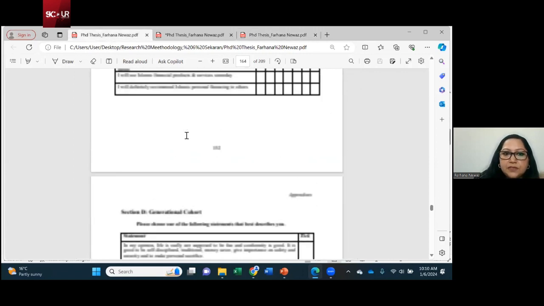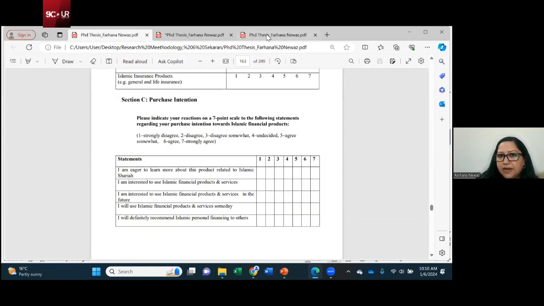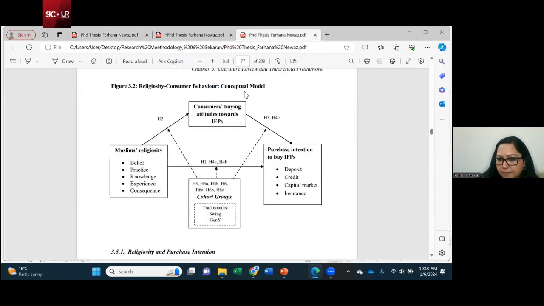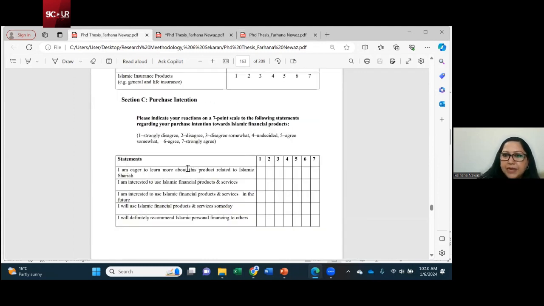That is more than one question, but I'll come to how many minimum questions you need to measure your variable. For purchase intention, I have 5 items here, so this variable will be called subjective.